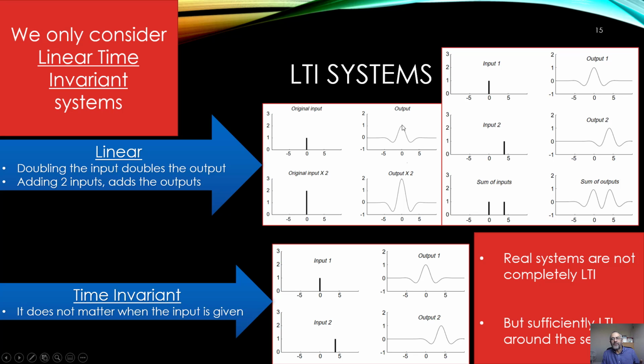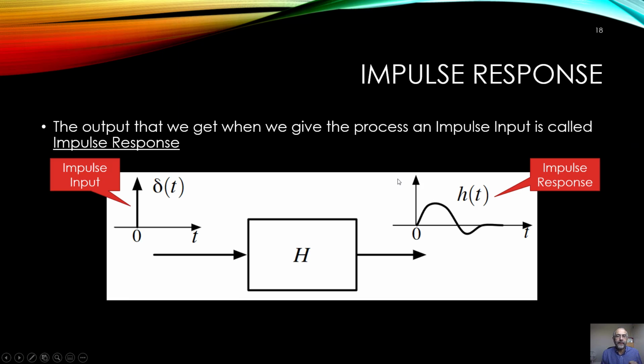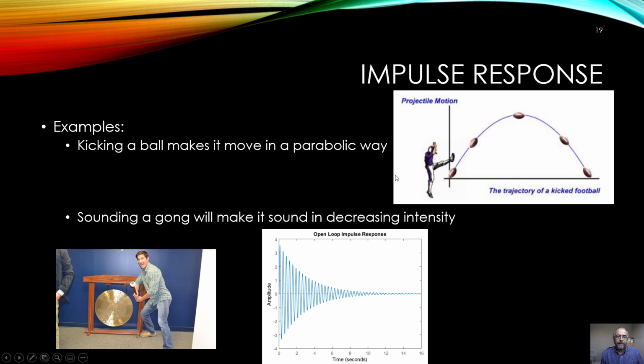So it was already changing before there was any input. Theoretically that's possible, but in practice that will not happen. So this is a non-causal system. It is still LTI, linear time invariant, but it's not causal. So this will not happen in real life. A system will not react before you kick it.